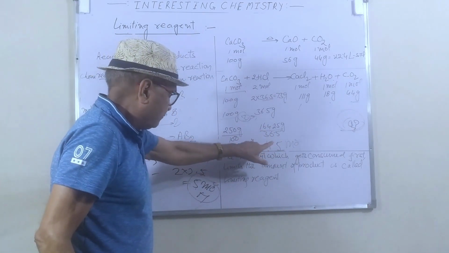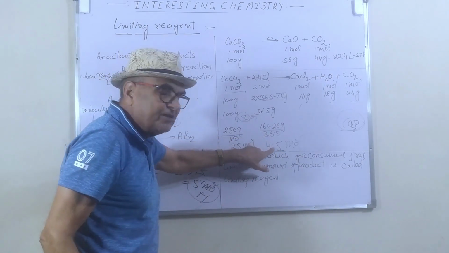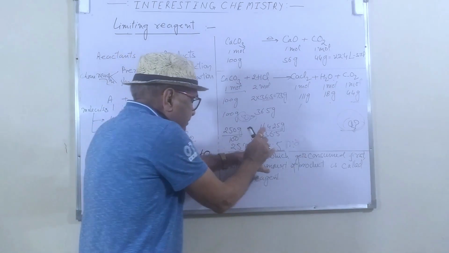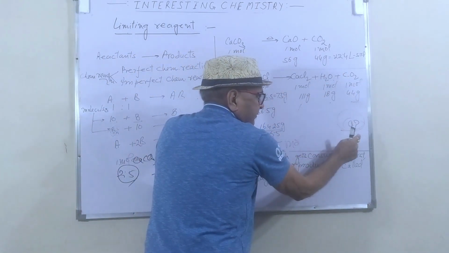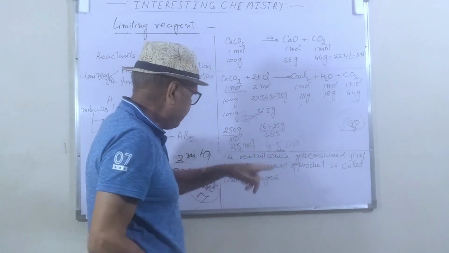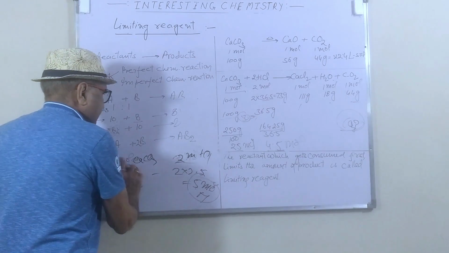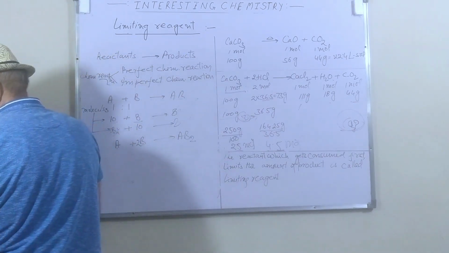The 4.5 mole of HCl is consumed first. So according to this amount, the carbon dioxide will be formed. So again, calculate the amount of carbon dioxide. How will you calculate it?